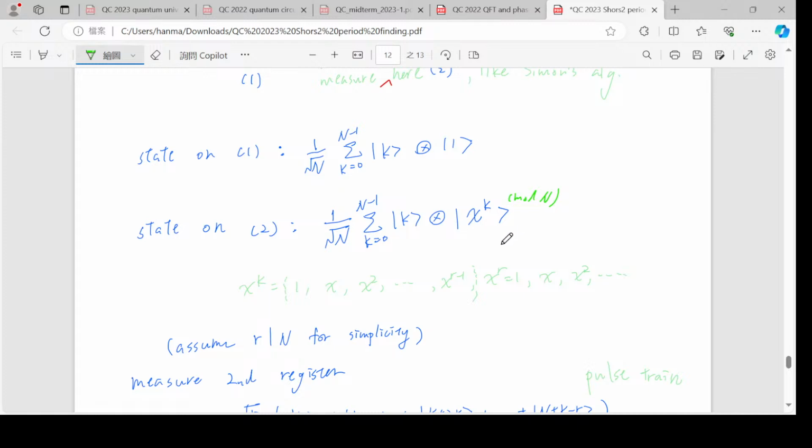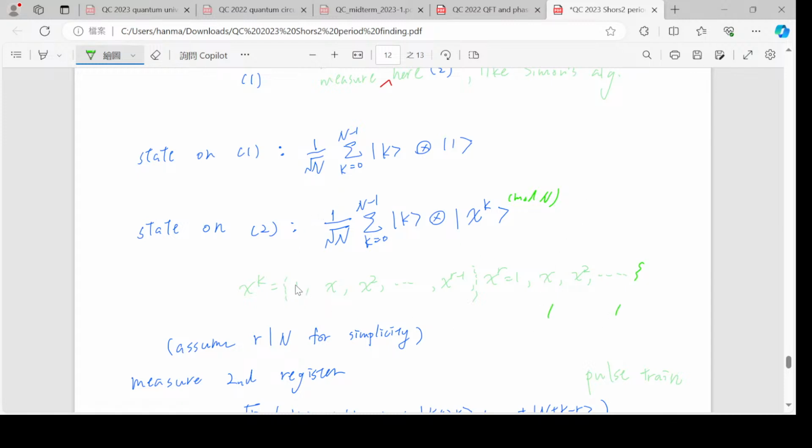Think about the second register: k equal to 0 gives 1, k equal to 1 gives x, k equal to 2 gives x squared, all the way to k equal to r minus 1, which gives x to the r minus 1, so it's cycling through this. Then k equal to r gives x to the r equal to 1, and k equal to r plus 1 gives x again. So you see it divided into these blocks.